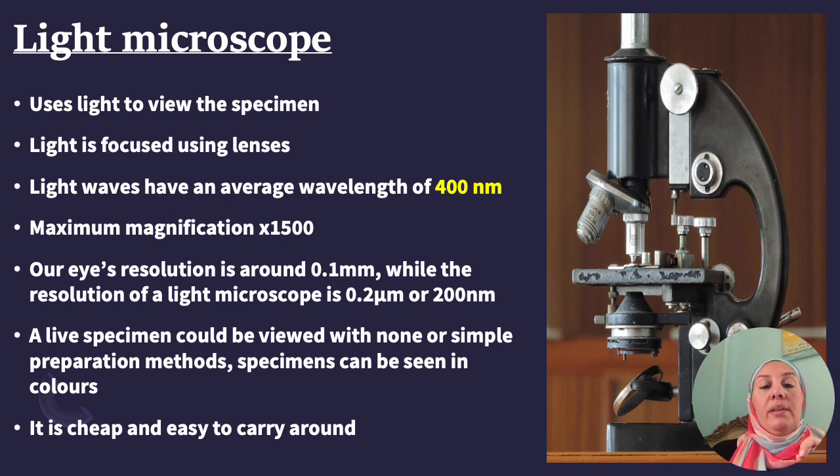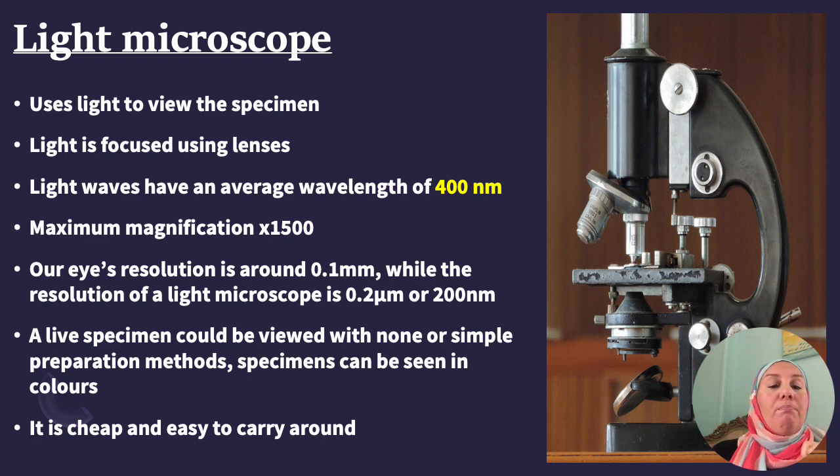So the average wavelength of light is 400 nanometers, and this is a very important number to remember. You might put it in your notes to help memorize it.